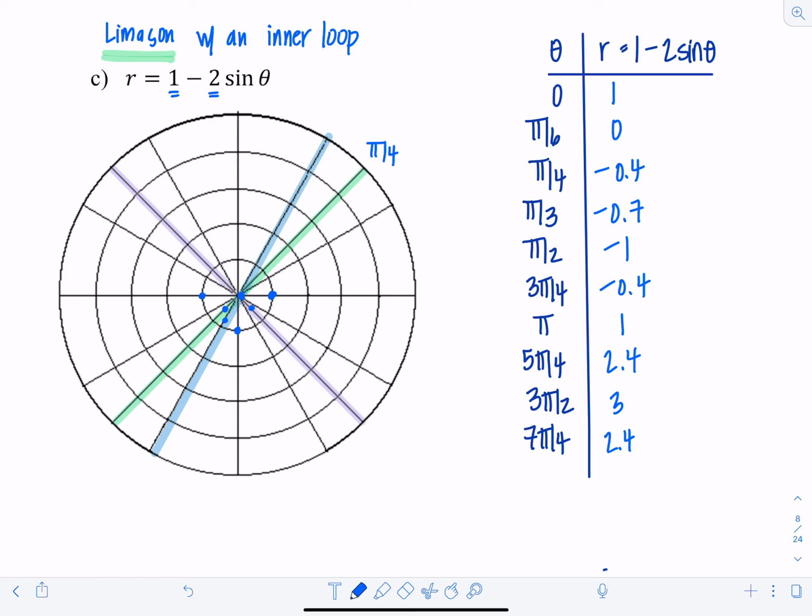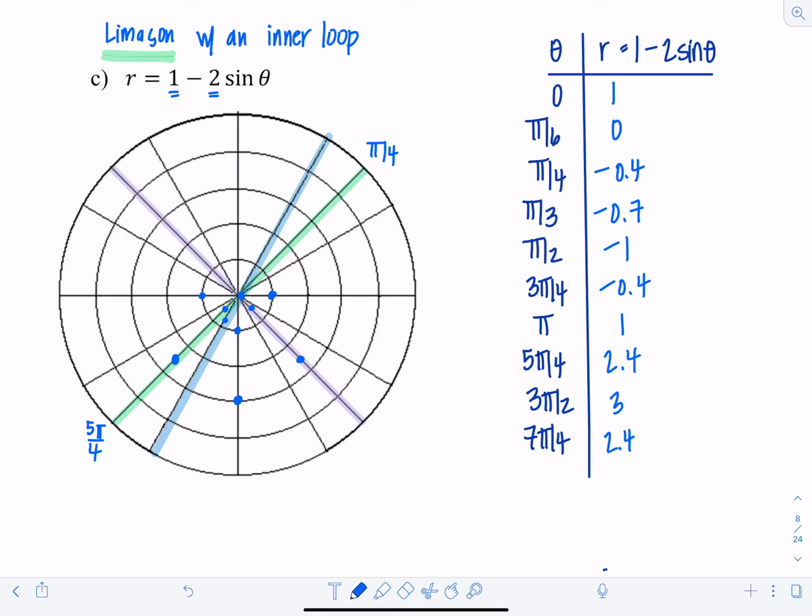Whoa, did you see that happening? And then 5 pi over 4 is 2.4. So this is 5 pi over 4. It's going to be 2.4. So maybe to here. At 3 pi over 2, we're at 3. At 7 pi over 4, we're also at 2.4.